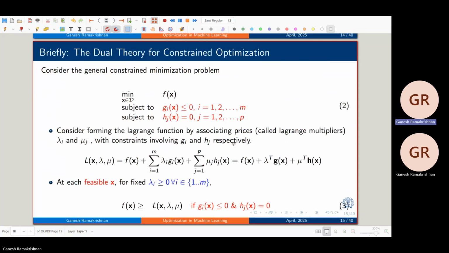Okay. And you'll see that I'll start doing a lot of color coding here. The constraints g_i and h_j are in red. So red is basically a feasible region for x, right? But now, because I've added lambda and mu, I'll start talking about a feasible region for lambdas as well. The intuition or the motivation is all lying in this necessary condition.